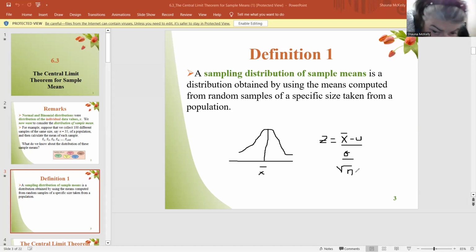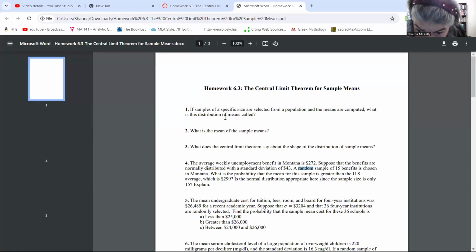So let me, at this time, go to the homework. Now, if samples of a specific size are selected from a population and the means are computed, what is this distribution of means called? I just told you, it's called the sampling distribution of sample means.